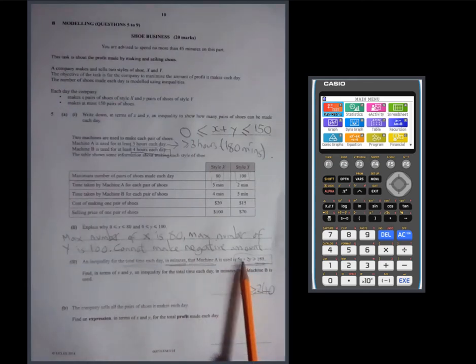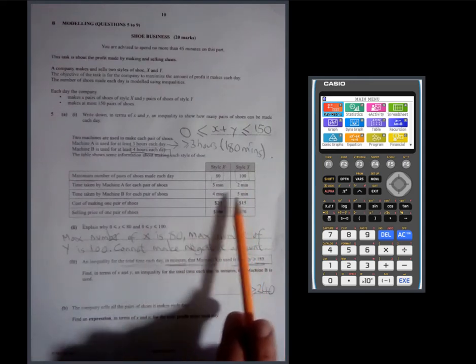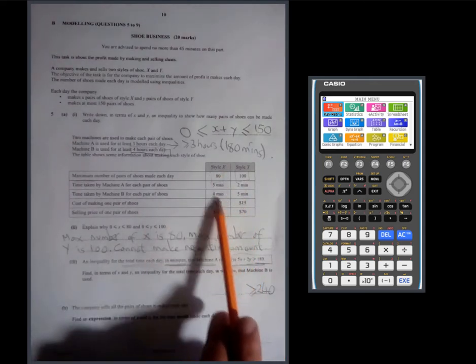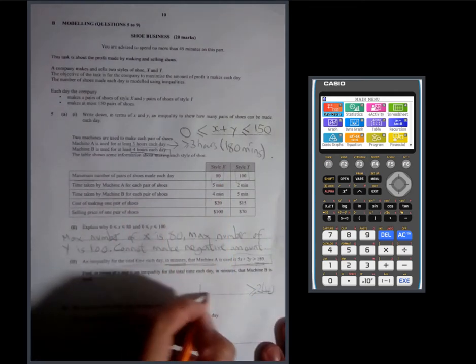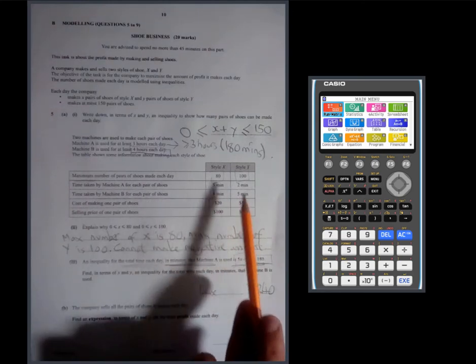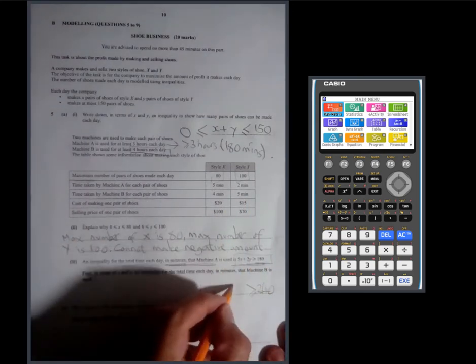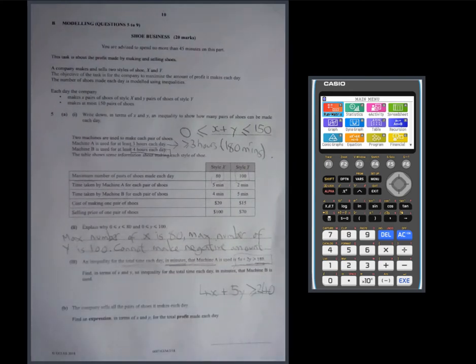So this was 5x plus 2y because it was 5 minutes and 2 minutes. This is 4 minutes and 5 minutes. So each pair for style X takes 4 minutes on machine B, so it's going to be 4x. Each pair in style Y takes 5 minutes on machine B, so that's 5y. And for the total, we add them. There we go. So that is the equivalent inequality for machine B.